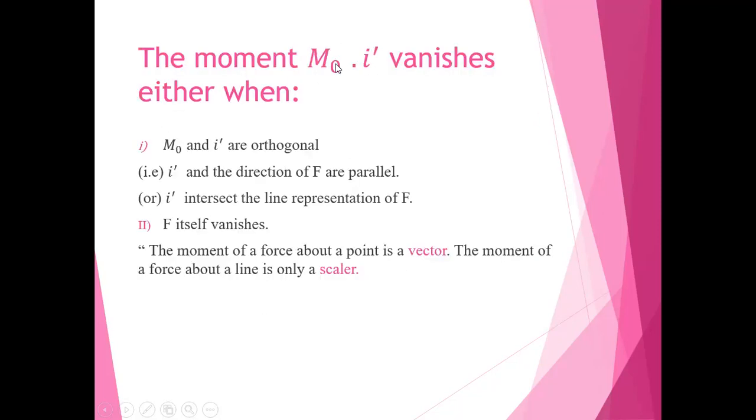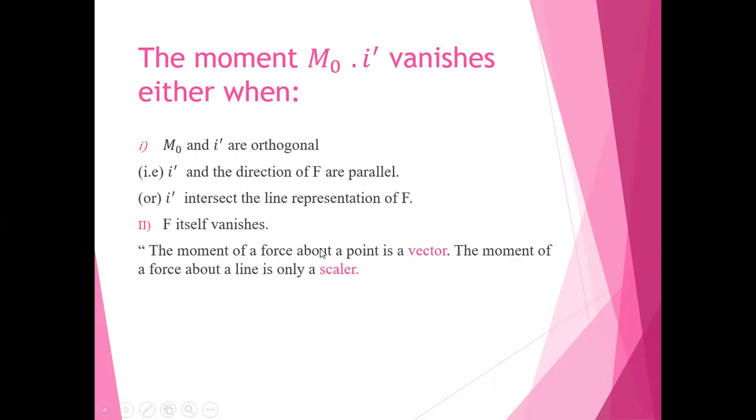The moment mu naught dot i dash vanishes either way: if mu naught and i dash are orthogonal, that is, i dash and the direction of F are parallel, or i dash intersects the line of representation of F. The second case is when F itself vanishes.